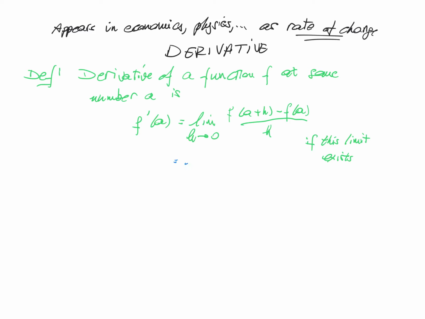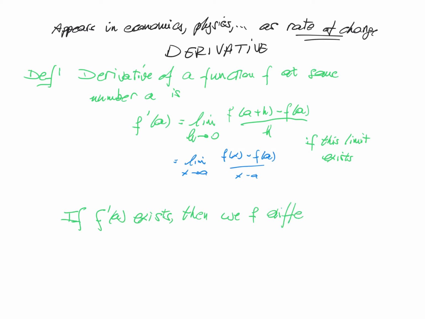Or equivalently, it is also the limit for x towards a of f of x minus f of a divided by x minus a. If f prime of a exists, then we call the function f differentiable at the point a.